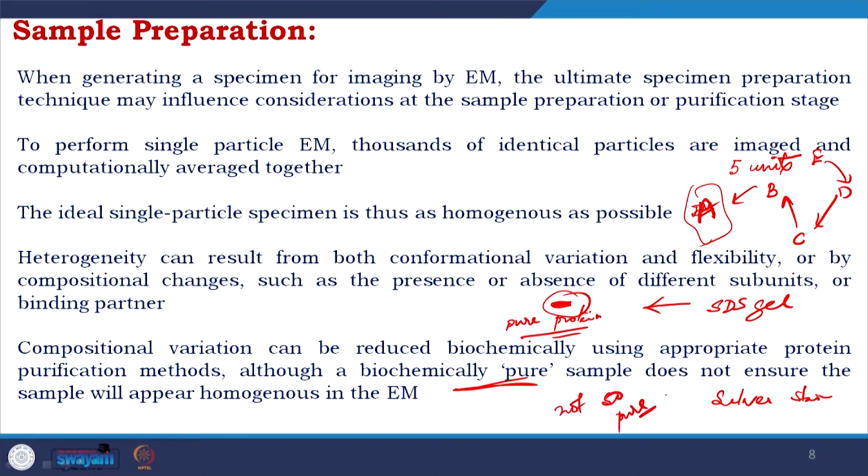So, your biochemically pure definition might not make it actually pure, that is point 1. Point 2, it might have different conformations. When you put it into SDS, you denature the protein by applying SDS, boiling it and all, it shows one band, but in actuality it has different conformations. So, many things are possible.